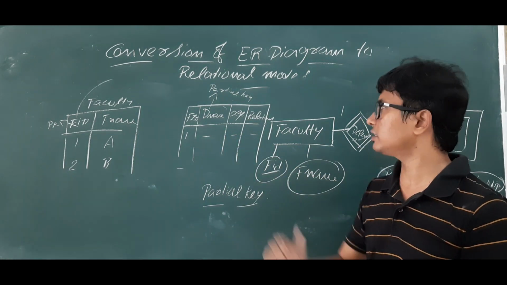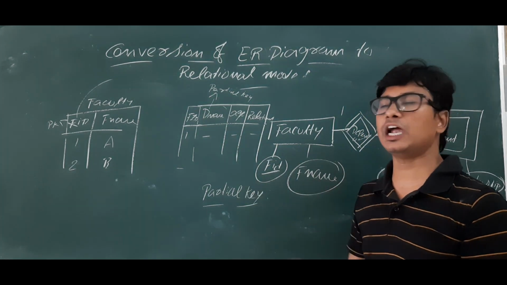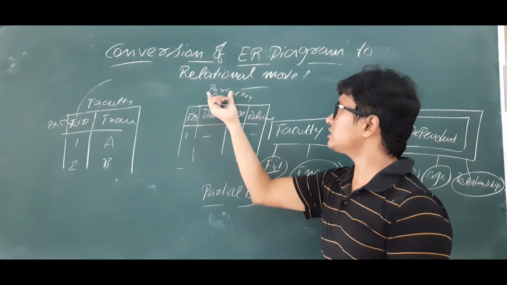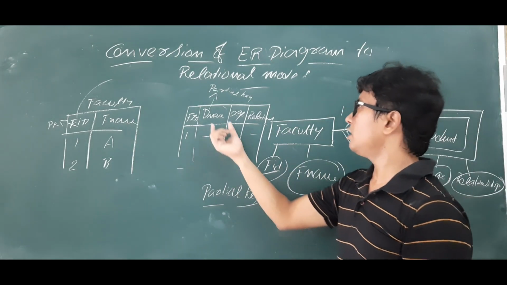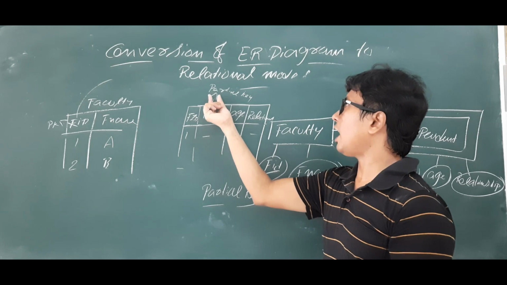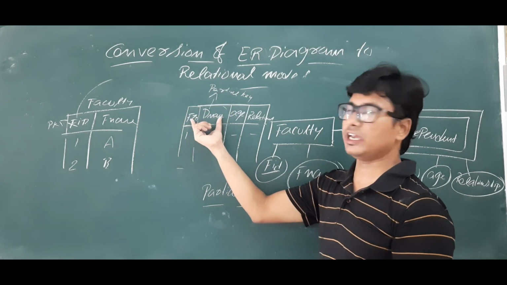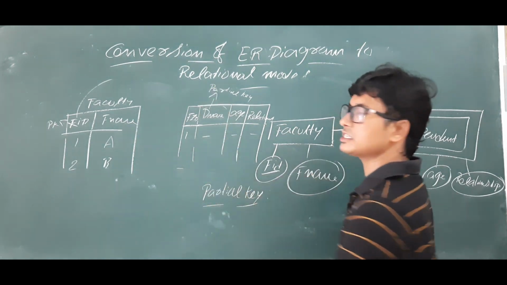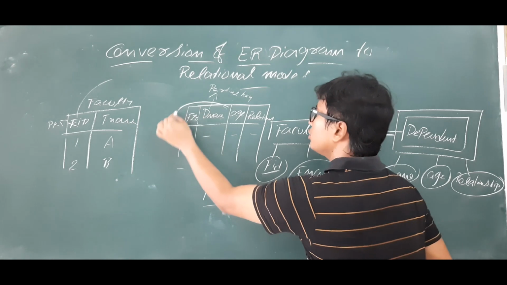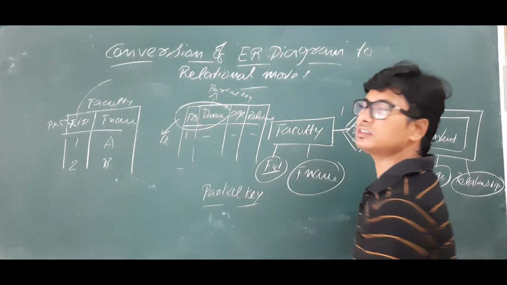Will you agree? If it alone could do it, I could call it a primary key or key attribute. The reason I call it a partial key in the ER diagram is that alone it cannot uniquely identify a tuple. But combined with the faculty ID, if I can uniquely identify a tuple, then I can call it a partial key, and both of them combined will act as the primary key for this relation.